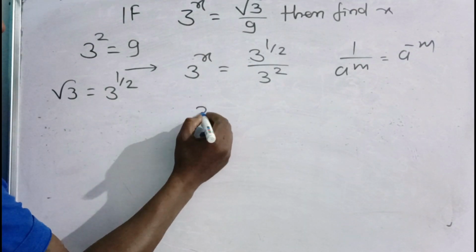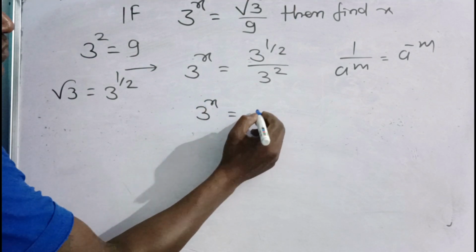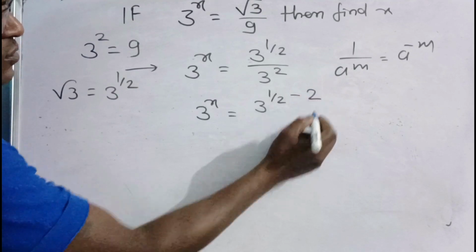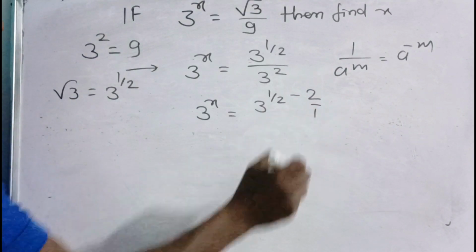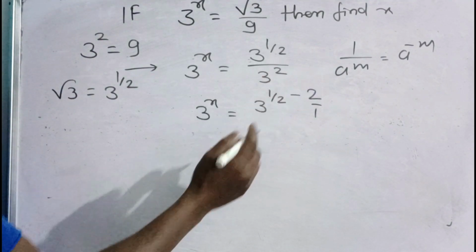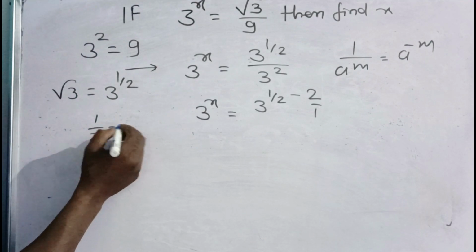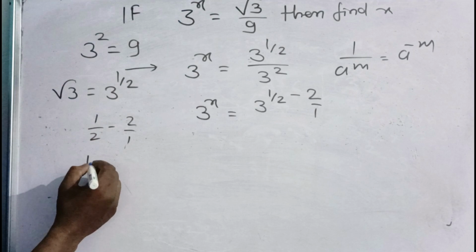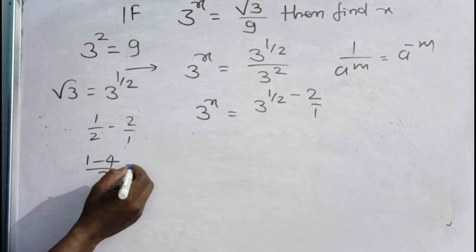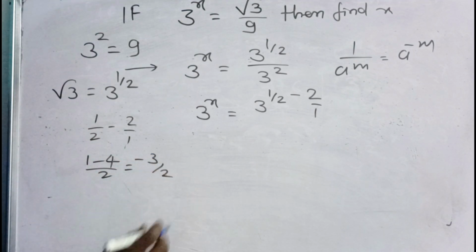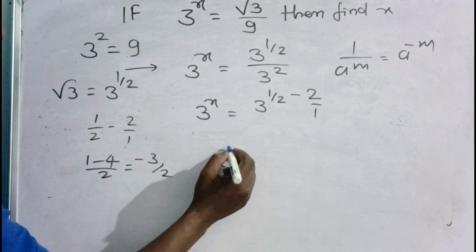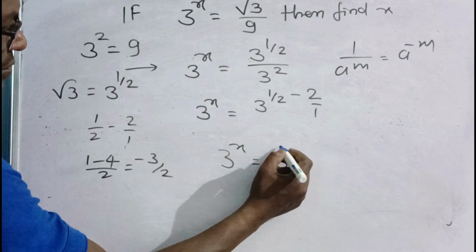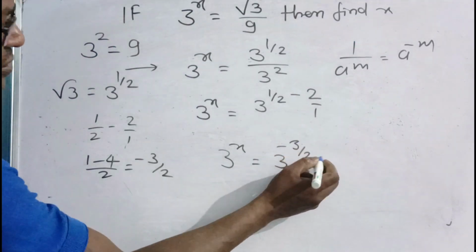Then 3 raised to the power x is equal to 3 raised to the power 1 by 2 minus 2. Do the cross multiplication here. 1 by 2 minus 2 by 1, that is 1 minus 4 by 2, minus 3 by 2. 3 raised to the power x is equal to 3 raised to the power minus 3 by 2.